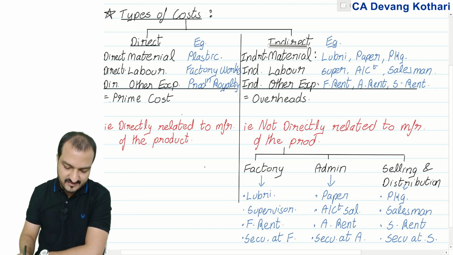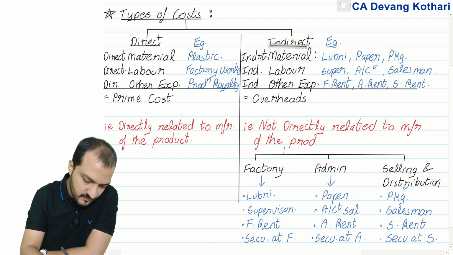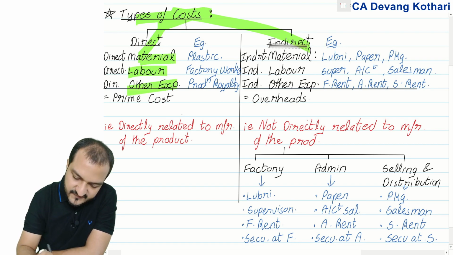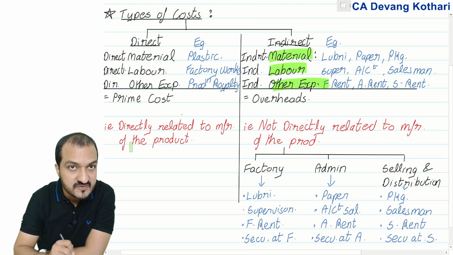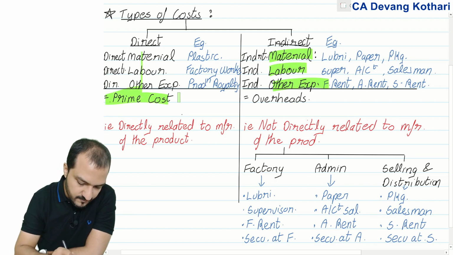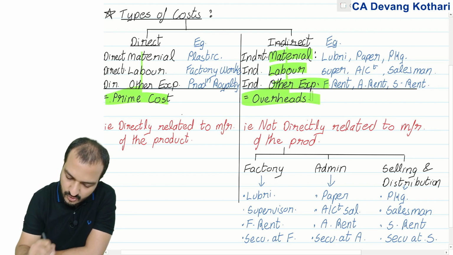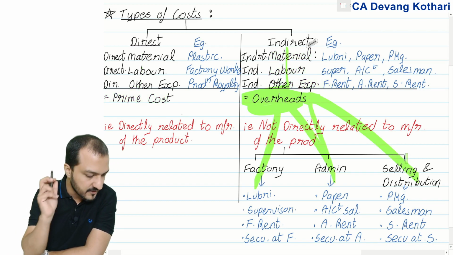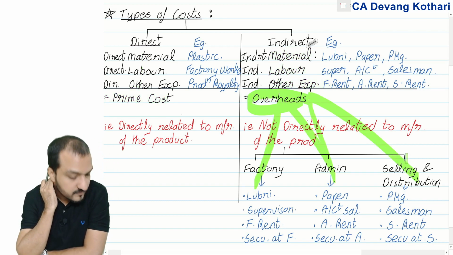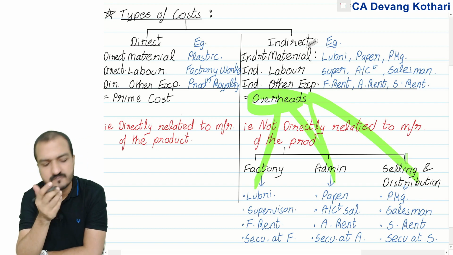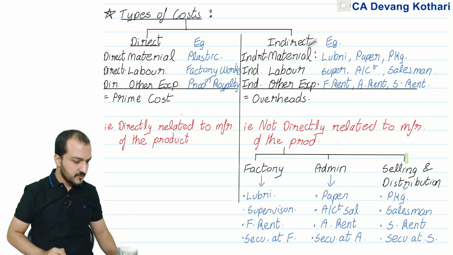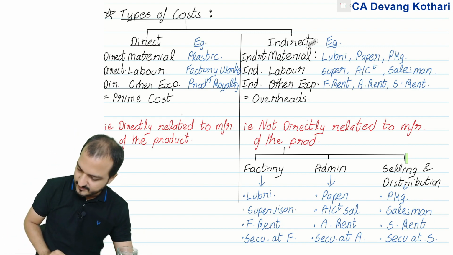Just copy everything like this. Types of cost can be direct or indirect. Within direct, it could be material, labor, and other expense. Within indirect, it can be material, labor, other expense. Total of all direct costs is called prime cost. Total of all indirect costs is called overheads. Overheads can also be classified as factory, admin, and selling. Copy that and let me know once you're done.